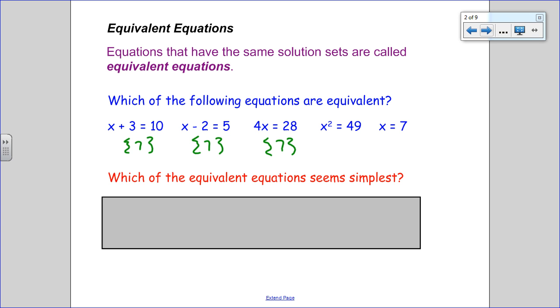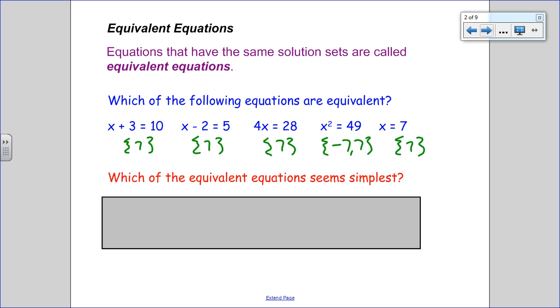The fourth equation, however, has a slightly different solution set. Both -7 and 7 are solutions of the equation x squared equals 49. Finally, the fifth equation, x equals 7, has only one solution, and that's the number 7.